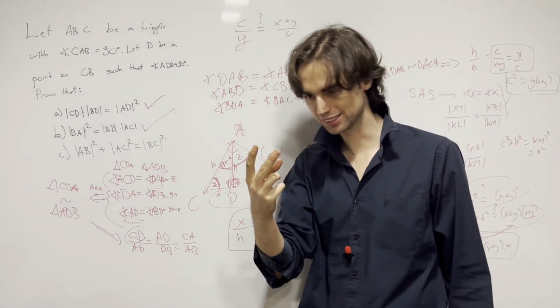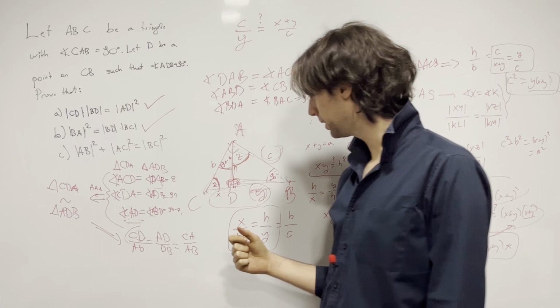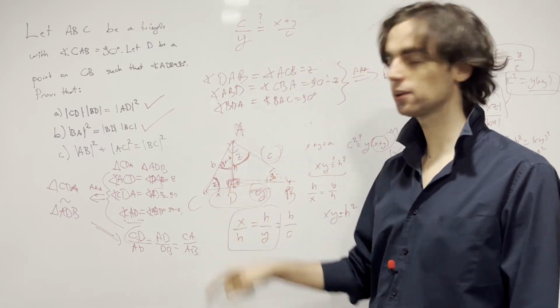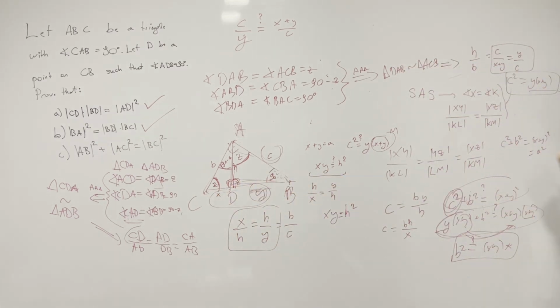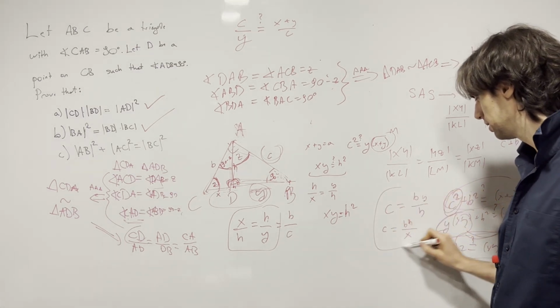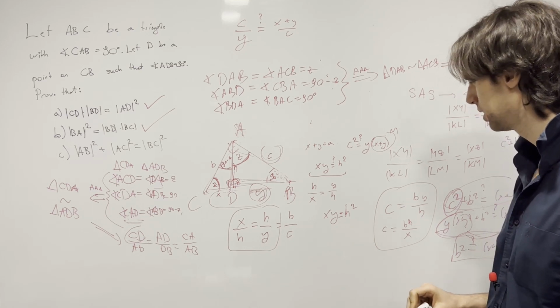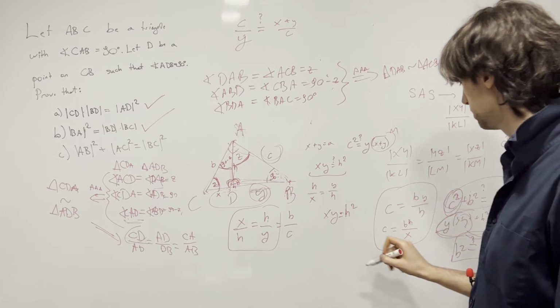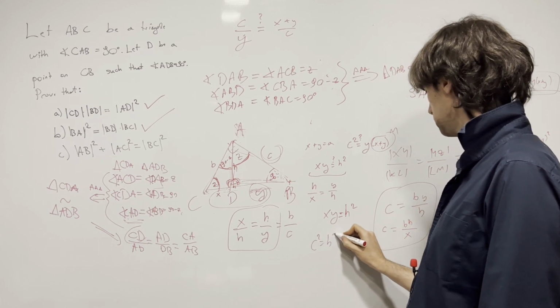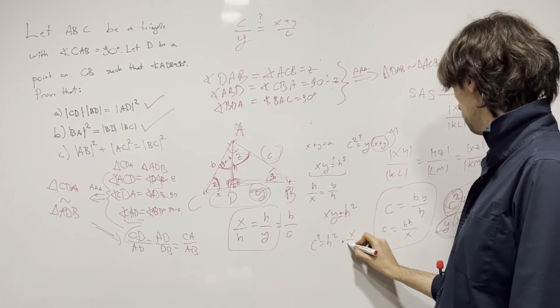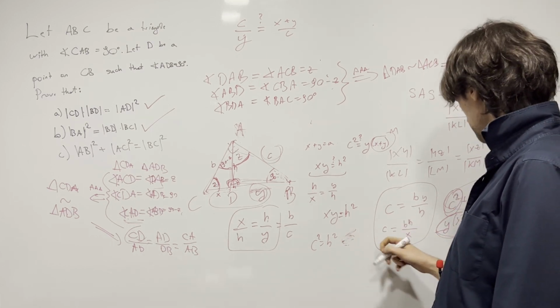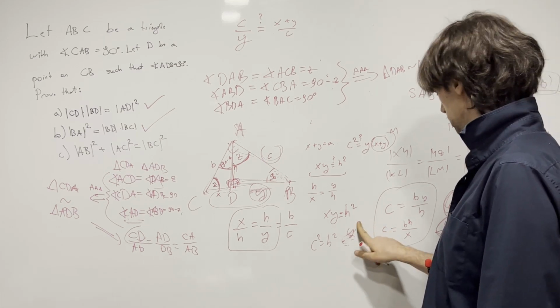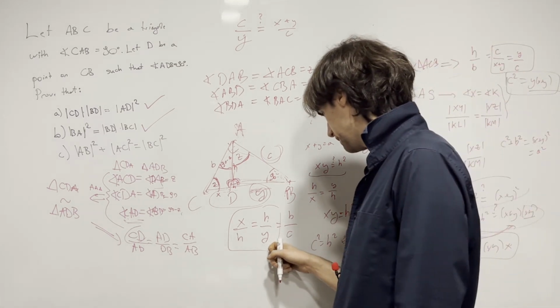There's two ways to go about this. One way is to say, wait a second, I can use these two similar triangles and that'll give me B squared is equal to X times X plus Y. Another way is saying, wait a second, I already had this thing right here. I had initially that C squared was equal to B squared times X over Y. Actually times Y over X. Though actually that is faulty, I've made a mistake here it seems.